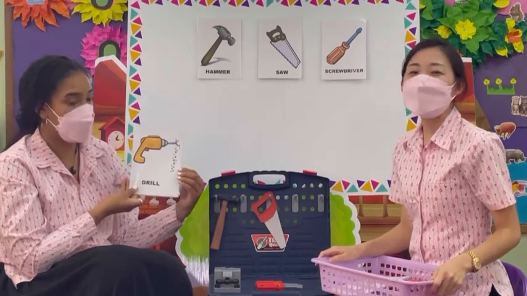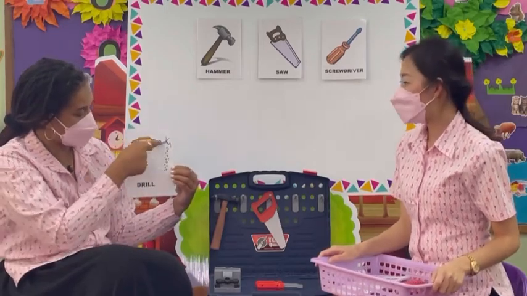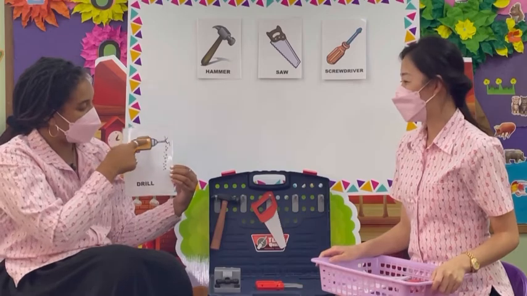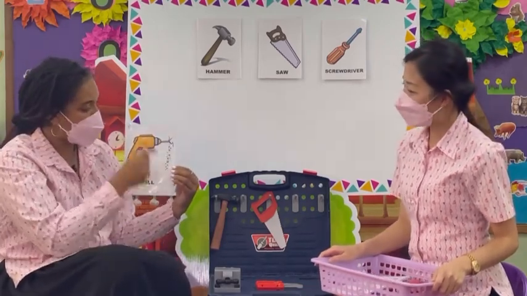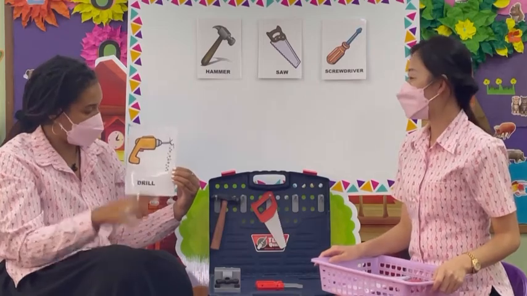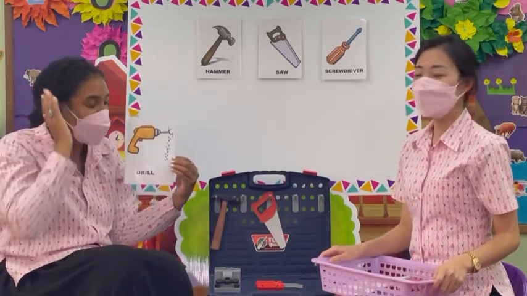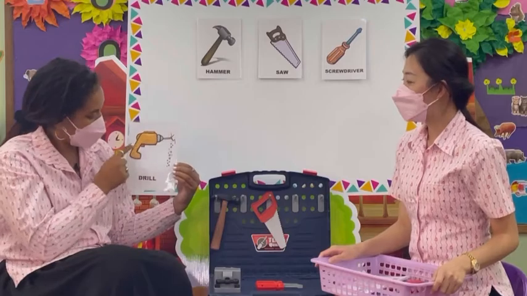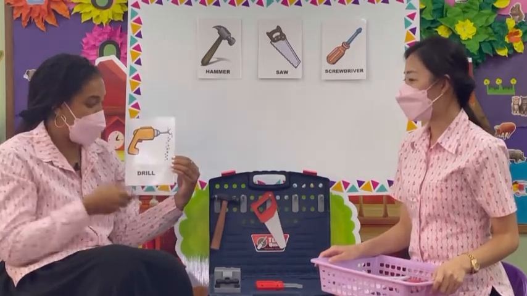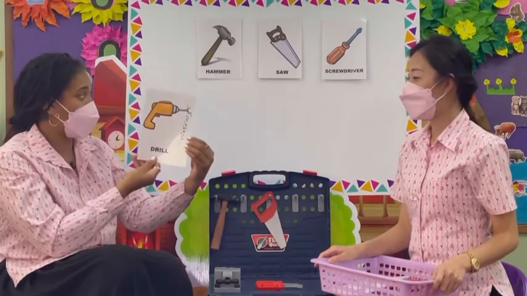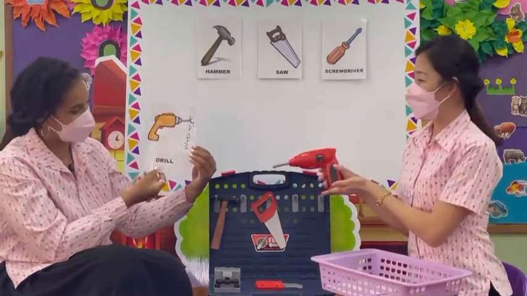As you can see, the drill is electric and we can use a drill to make holes in very, very hard surfaces. Drill is very, very loud and is very, very dangerous. So when we use a drill, we need to be careful of our hands and our fingers.